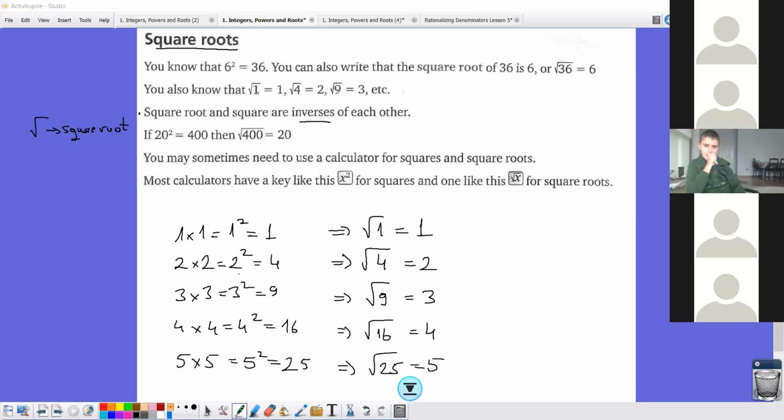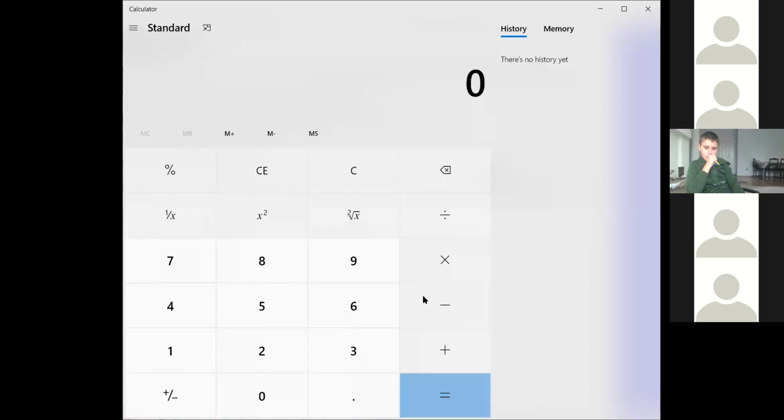Now, in a calculator, let me show you here, we have a calculator. As you see, there is an x squared key, which will give you the square of x. For example, 9, and I'm pressing this one, and it gives 81.